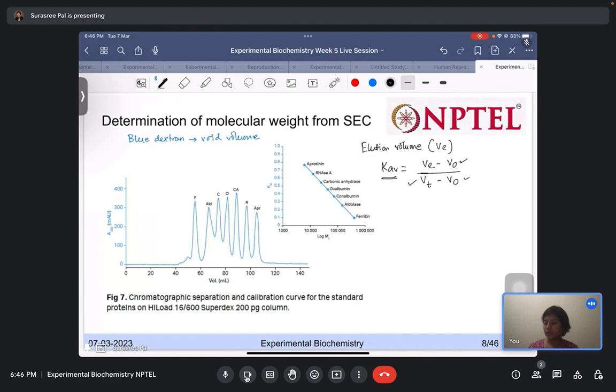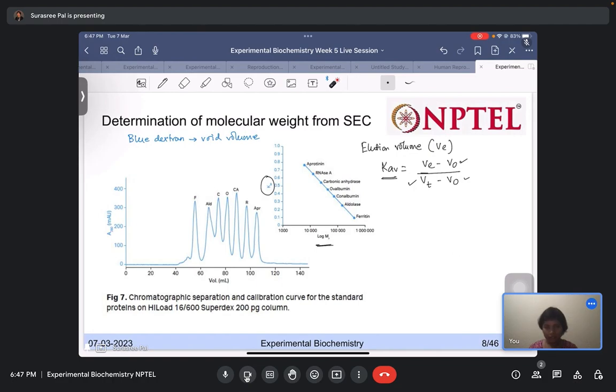Then we can plot this partition coefficient against the log of the molecular weight of the proteins, and this will give us this kind of graph. This is the standard curve, or calibration curve.